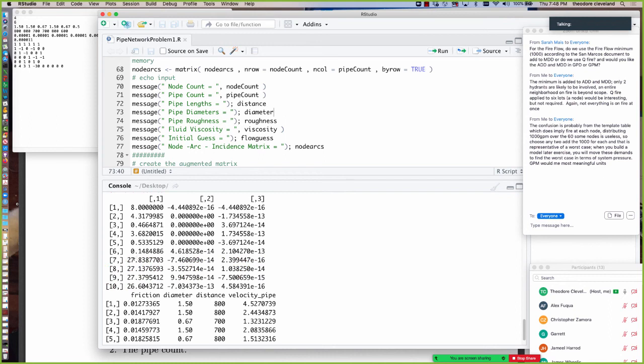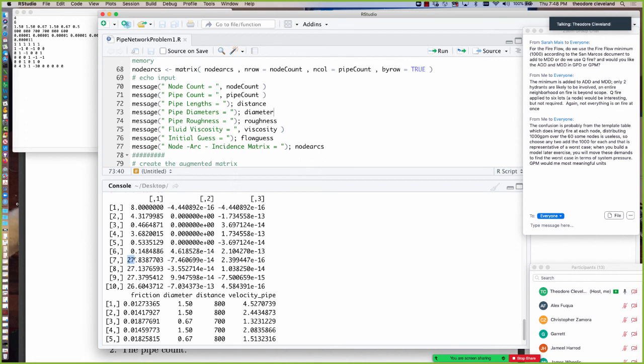But if this particular node, for instance, let's say it was at physical elevation of 20 feet, there's only 7 feet of pressure head available. So 7 feet of pressure head is almost 1/4 of an atmosphere. So 1/4 of 14 pounds per square inch, about 3 pounds per square inch.